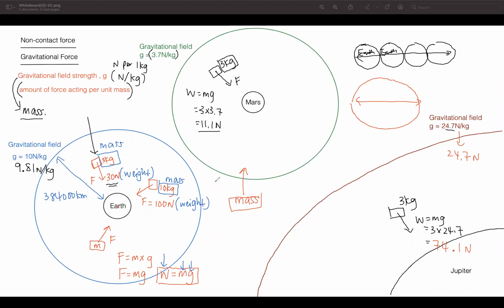Now, maybe you might be asking, does a person have a field? Because according to this theory, anything that has mass has a field, then does it mean that a person also has its own mass, right? Does it have a field? Does it have a gravitational force? The answer is theoretically, yes. Every object with mass has a force of attraction. But how come we don't feel it? Because our mass is so small compared to the mass of the planets.